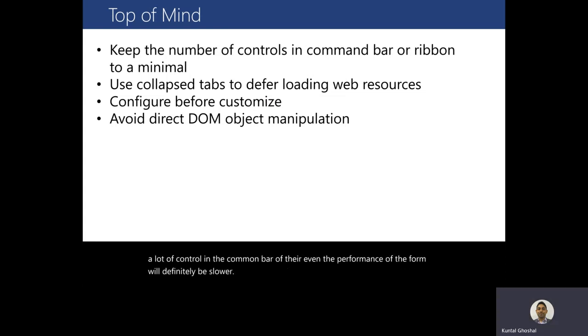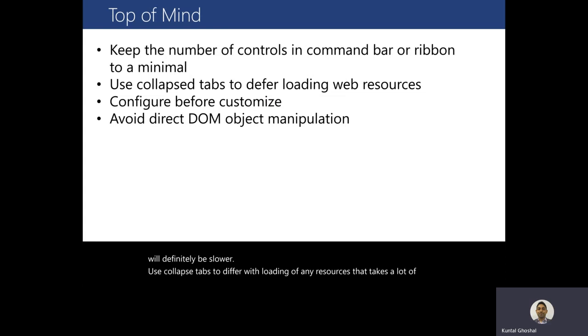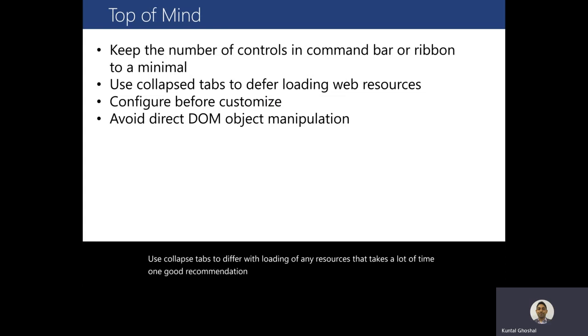Use collapse tabs to defer loading of any resources that take a lot of time. One good recommendation is to use multiple different tabs in your form, and whatever information is actually required on the form when the user logs in, only put those fields on the first tab, and then subsequently move the other field information to the related tabs.